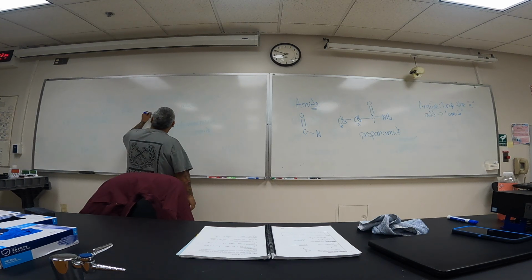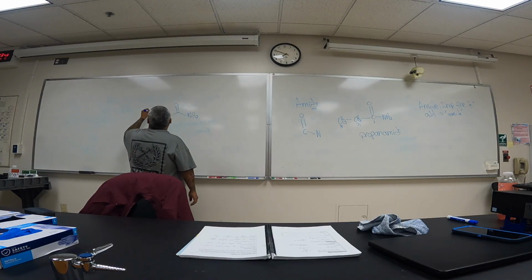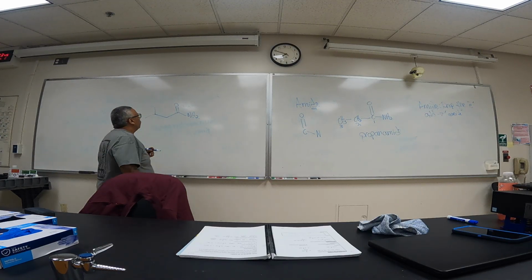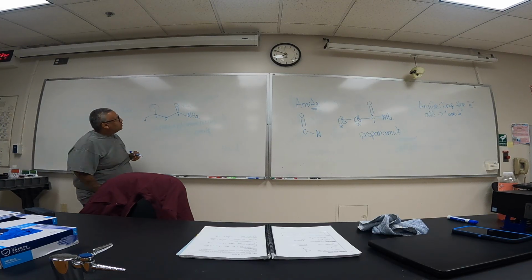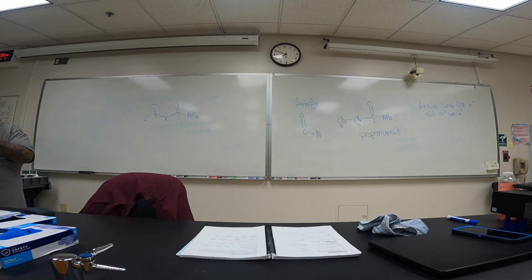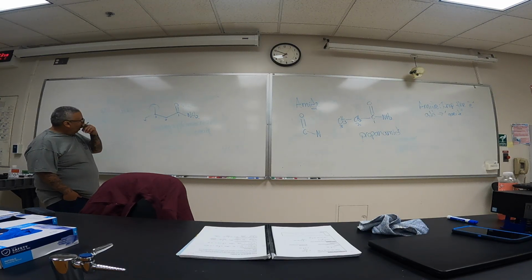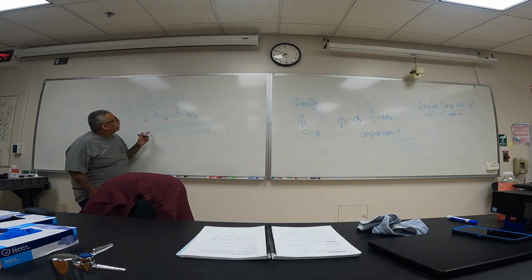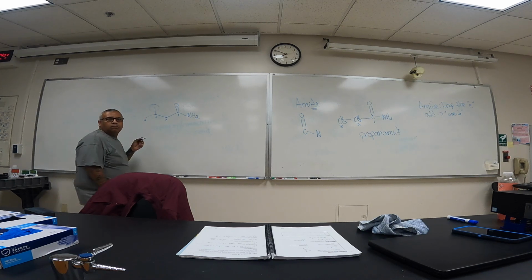So let's use some line formula. Let's put a methyl group on there. So carbon number 1, 2, 3, 4. This happens to be a methyl group. So, Kaylin, help me name this here. All right. First, let's start with the branch. So what would I write in order to describe this branch here?